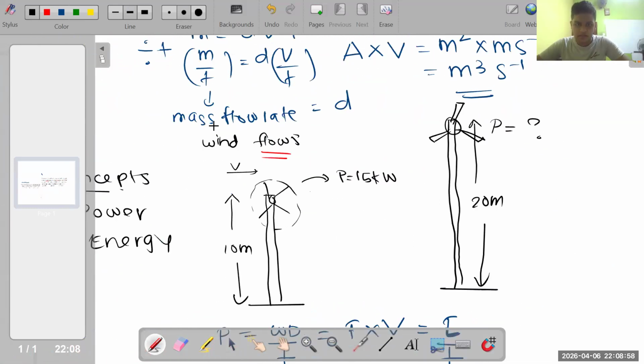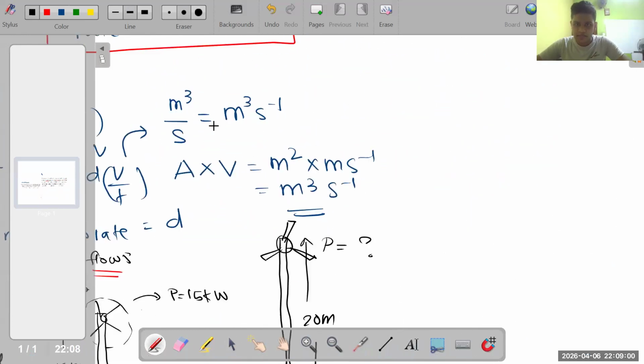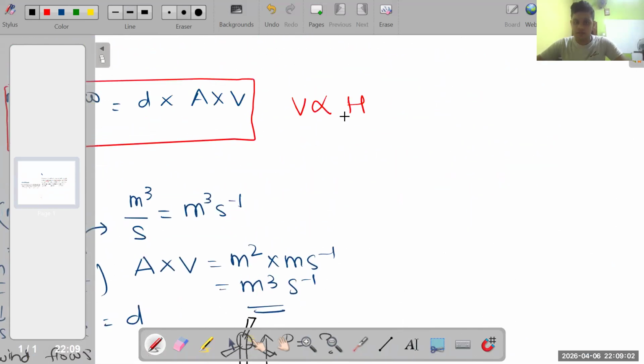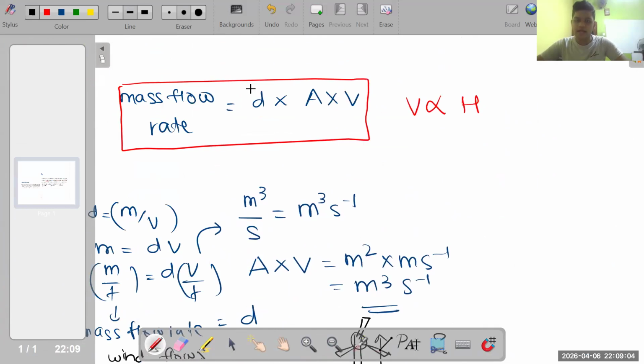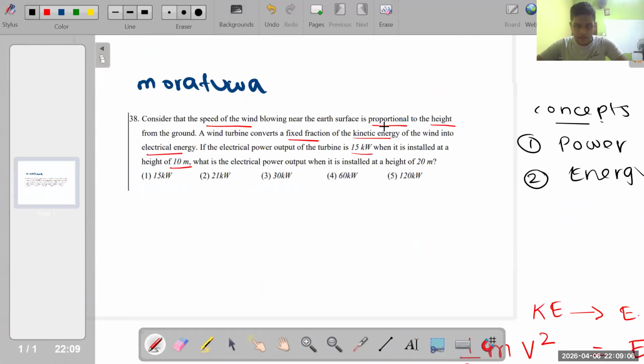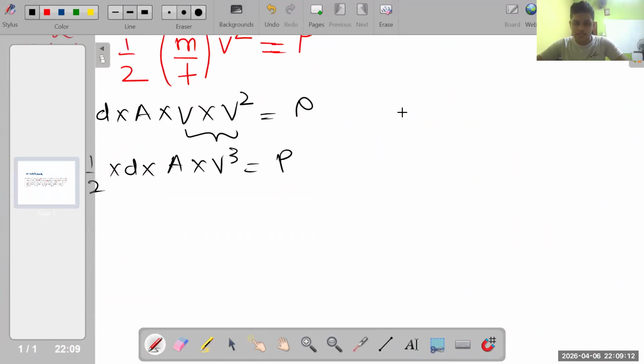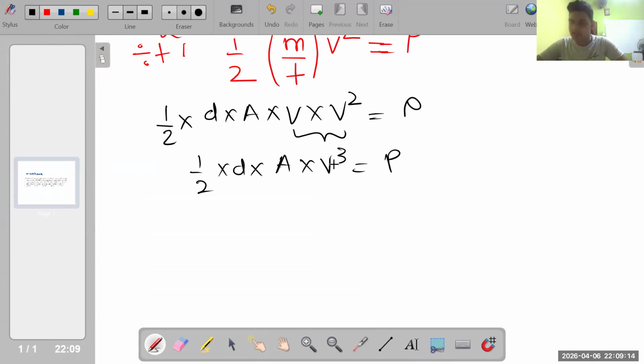What was the hint? Where is the hint? They gave a hint. Here velocity is directly proportional to height. See here, velocity is the speed. Speed means velocity, right? Velocity is directly proportional to height. So can you understand? Instead of v, we can write h. So instead of v cube, we can write h cube, right?